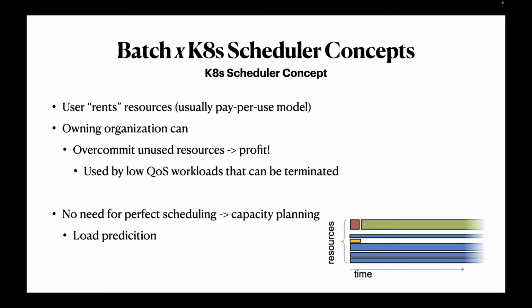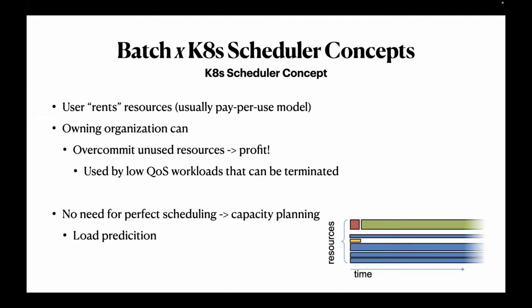On the other side, when we take a closer look at Kubernetes infrastructure, the same does not apply. Compared to owning resources, it is more common that a user rents or purchases resources from an infrastructure provider, and this is known as the pay-per-use model, where you pay for what you use.